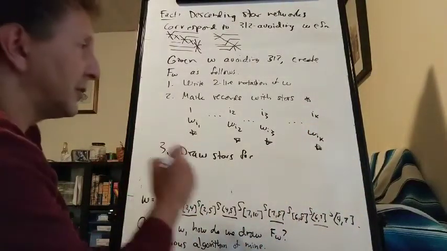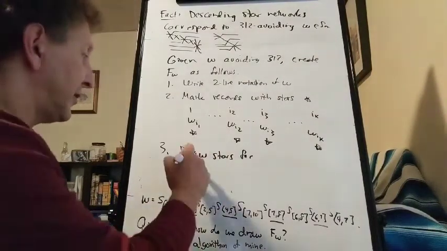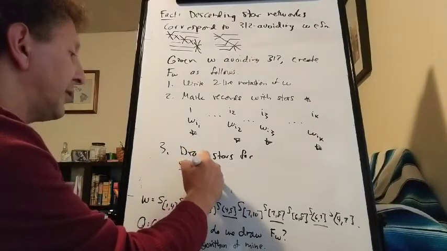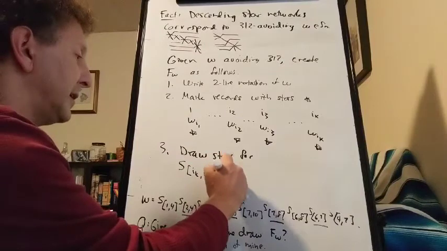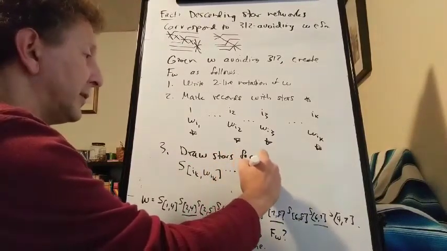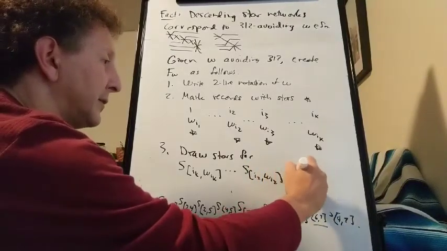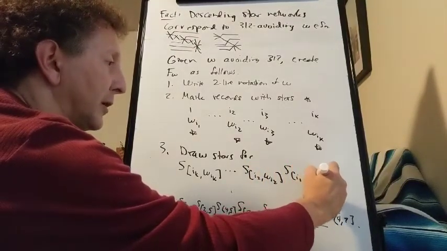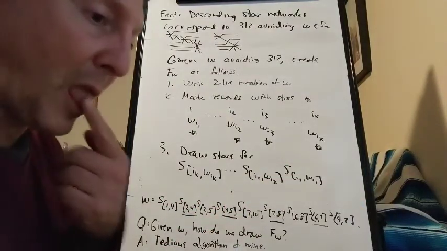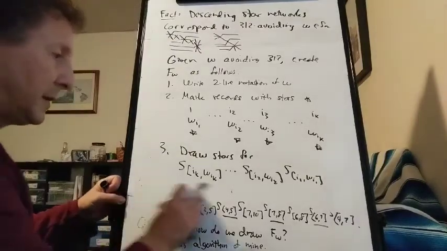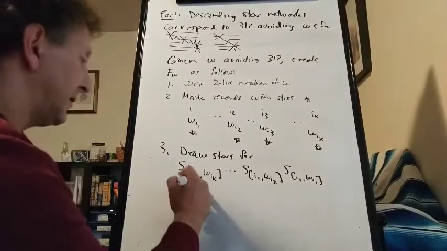So then we draw stars for the reversals. We'll take these intervals from right to left: S(IK, WIK), down to S(I2, WI2), S(I1, WI1). We'll draw these from left to right.